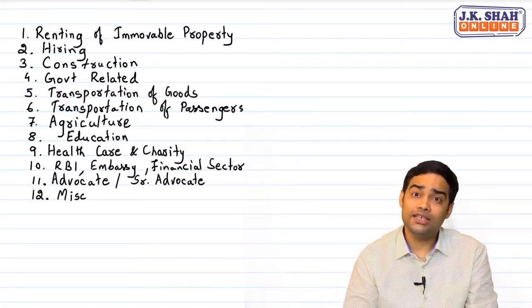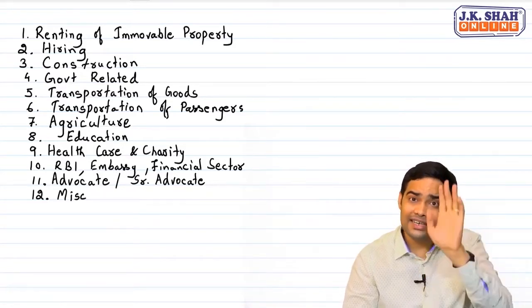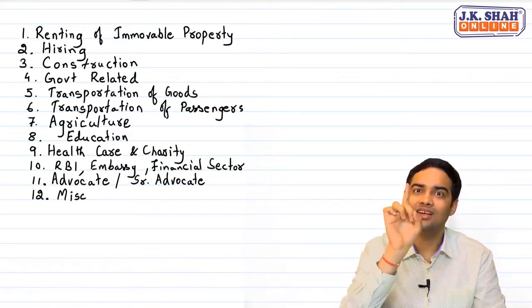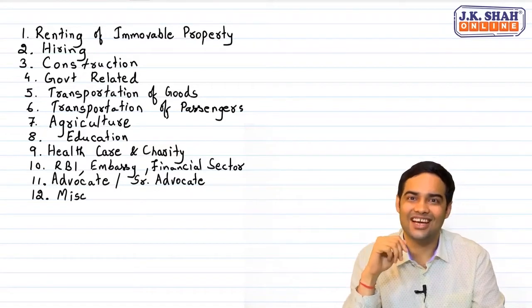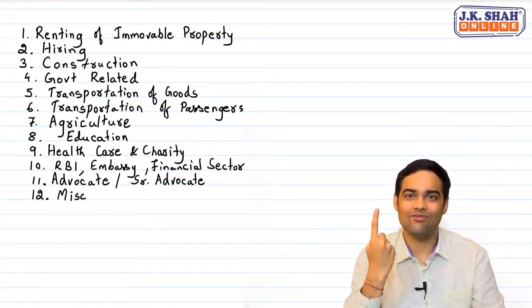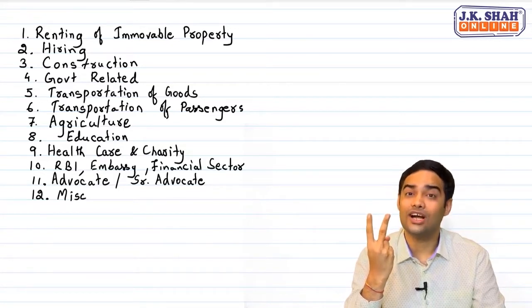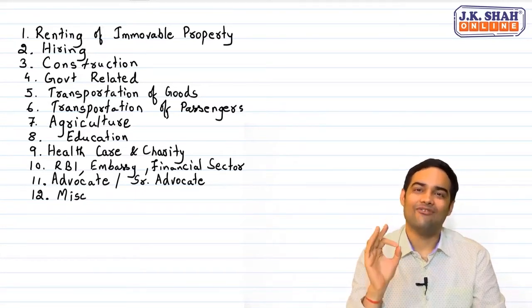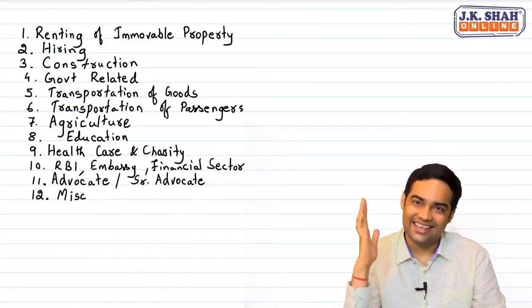A hospital taking a premise on rent, taxable. Be very careful. All these are taxable. We have only those three which are exempt. First, renting of residential dwelling for residential purpose, hotel accommodation etc. up to 1000 per day or equivalent, and the third one is vacant land for agriculture.